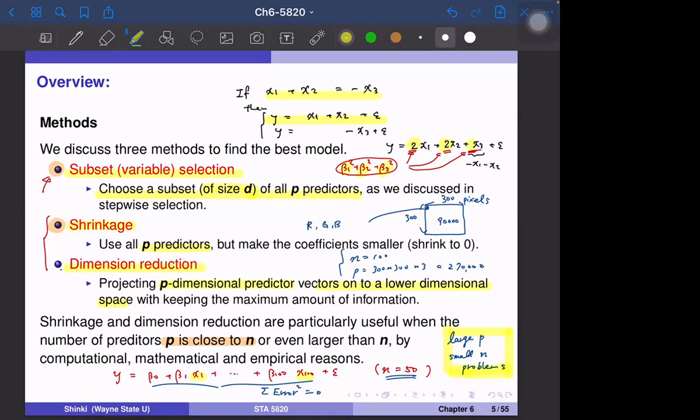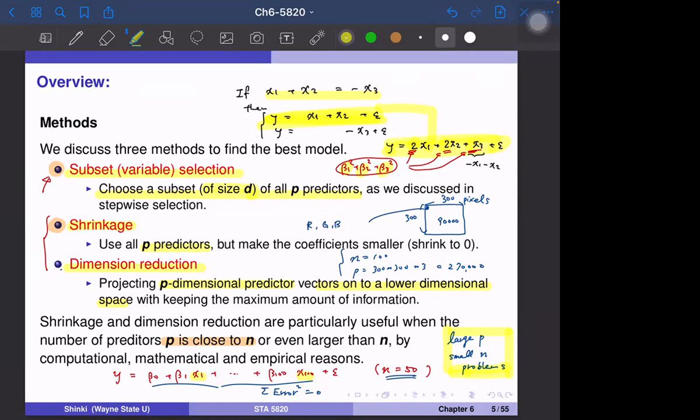We have three predictors, but we have some linear relationship, or maybe almost linear relationship, in reality. Then, for example, this model, y is equal to x1 plus x2 plus epsilon, and this model, y is 2x1 plus 2x2 plus x3 plus epsilon. These two models almost give the same fitted value, because x1 plus x2 plus x3 is 0. If we add x1 plus x2 plus x3, then this model becomes this model.